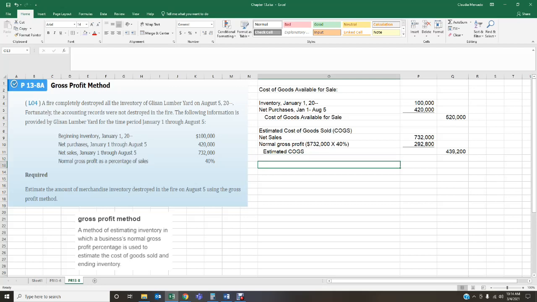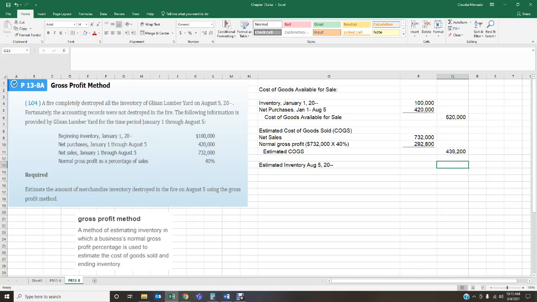Okay, so now that I've got my estimated cost of goods sold and my cost of goods available for sale, I can calculate my estimated inventory as of August the 5th, which is the date that the fire occurred. As of that particular date, my cost of goods available for sale were $520,000.